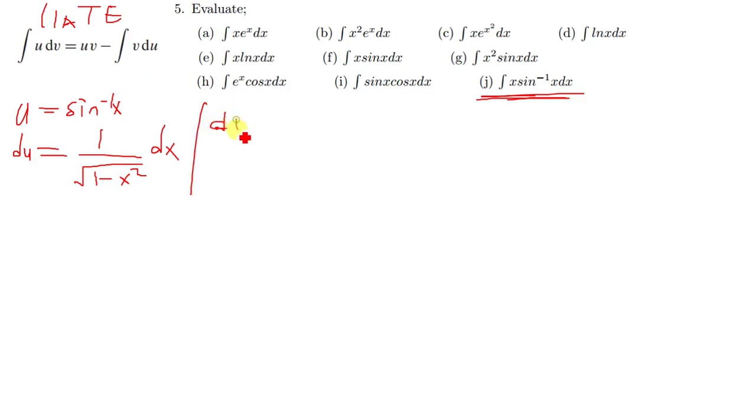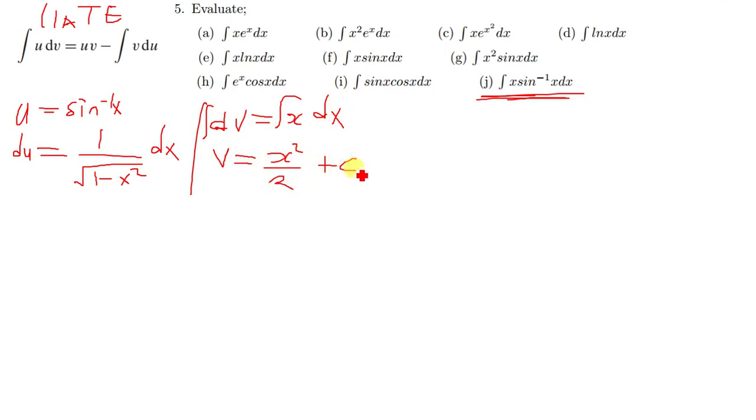Our dv will now be equal to x dx. When you integrate both sides like that, you're going to have your v being equal to x squared over 2.